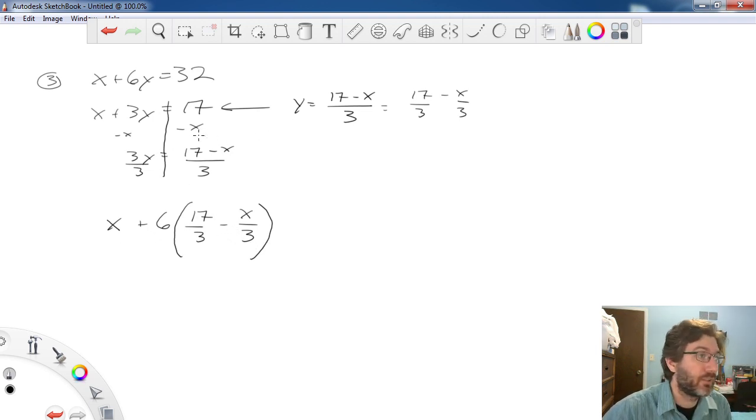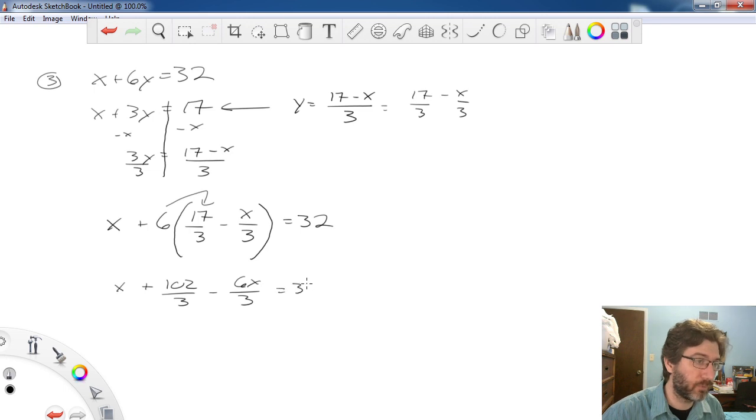Depends on who you are, I guess. And that's going to equal 32, because we're just going to multiply through by the denominator anyways. But we can go ahead and distribute the 6. I don't know what 6 times 17 is, but we get plus 6 times 17, which is 102, divided by 3 minus 6x divided by 3 equals 32.